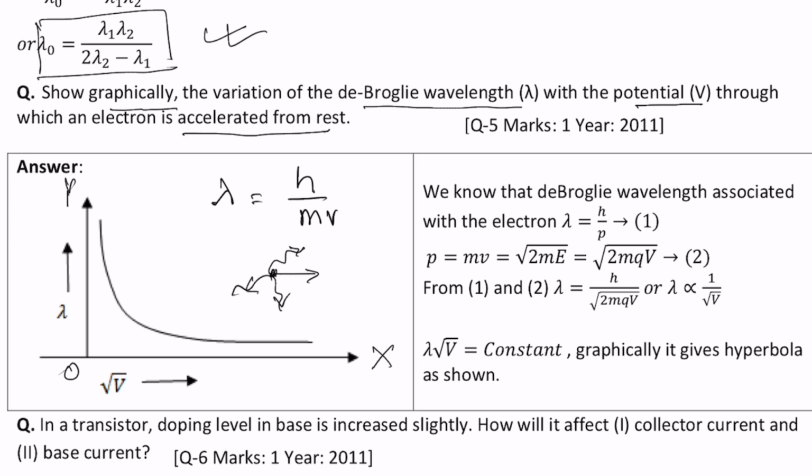The wavelength associated with a moving particle is h, Planck's constant, by m, the mass of the particle, times v, the velocity of the particle. So the higher the velocity of the particle, the lesser the wavelength.